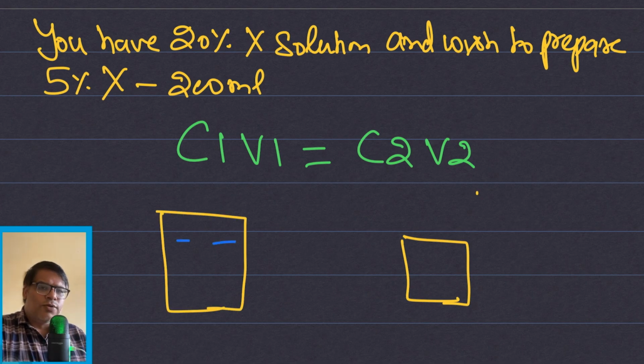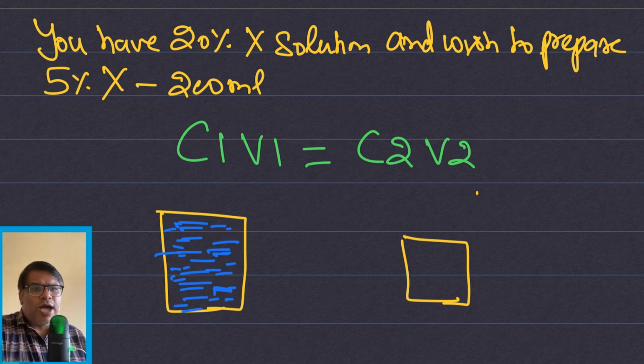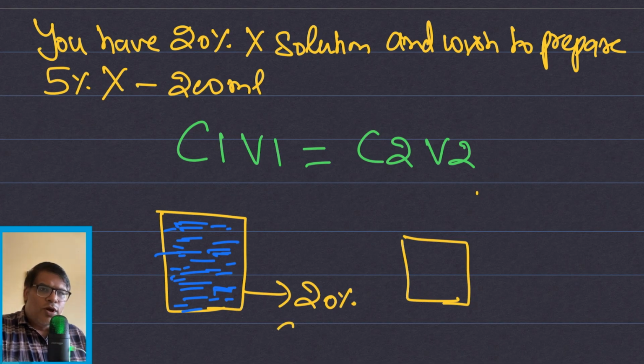Now if you see, your stock solution is going to have a concentration of 20%. From the stock you are going to take some amount of the solution, that is going to be volume 1.